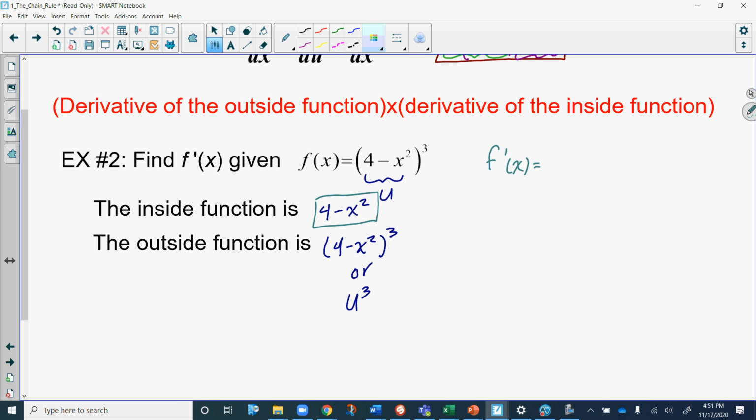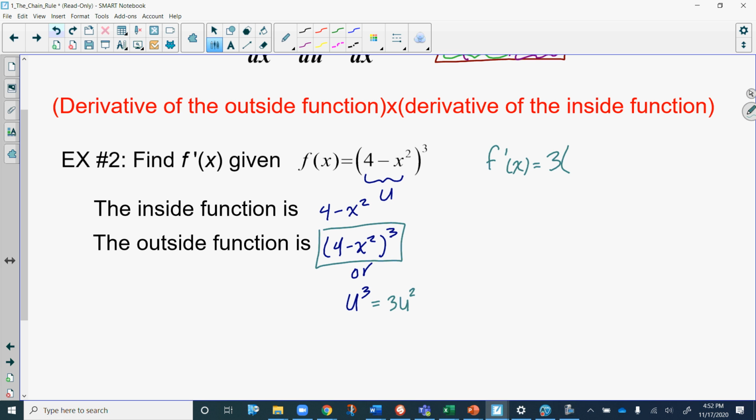Let's take the derivative of the whole thing. So the derivative of the whole thing, we'll just use the power rule. We would just wind up with 3 u to the second power. So I'm going to wind up with this to be 3 times, oops, that is x, that's a 4, not an x.